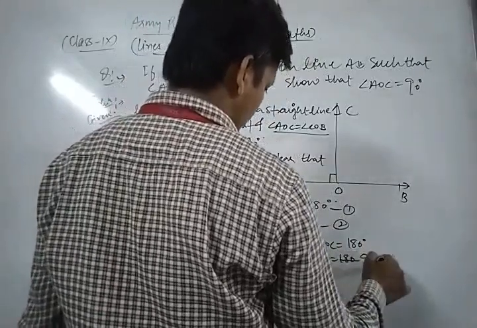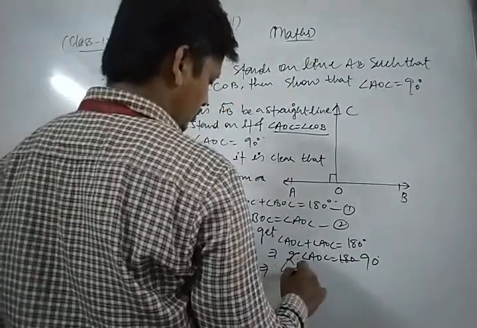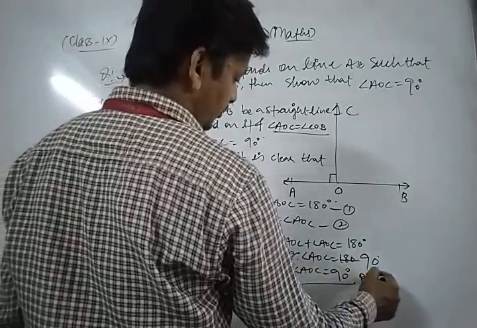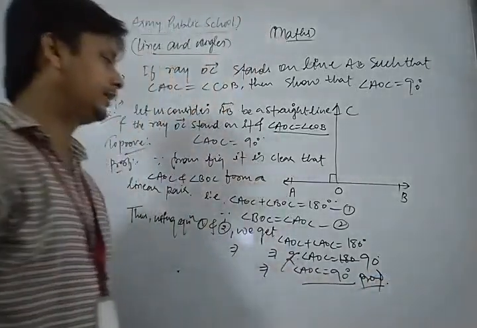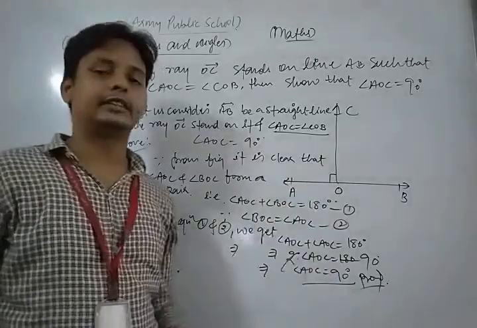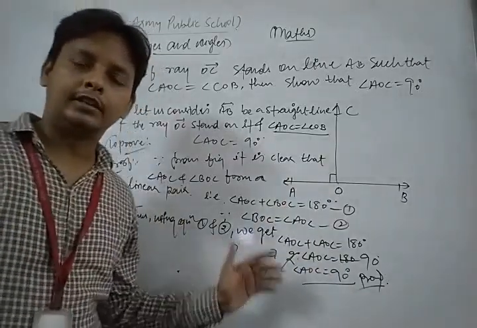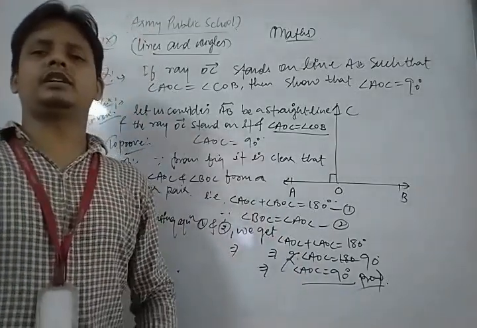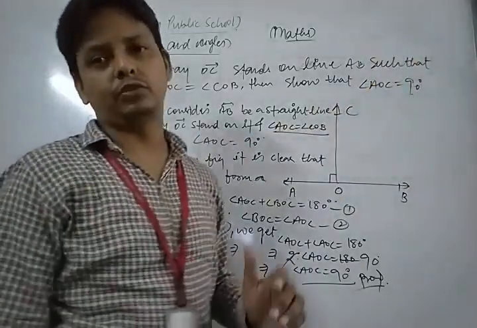So angle AOC is equal to 90 degrees. Hence we have proved that angle AOC is equal to 90 degrees. So in this way, dear students, by understanding the concept of linear pairs and adjacent angles, you can solve this type of questions.